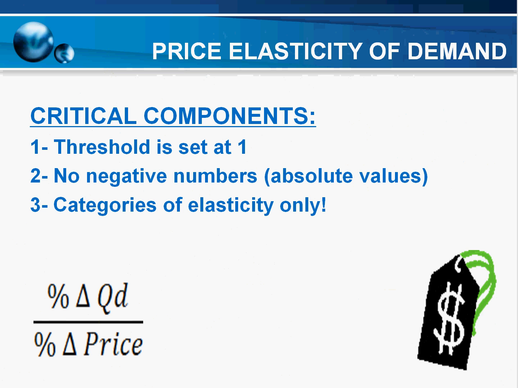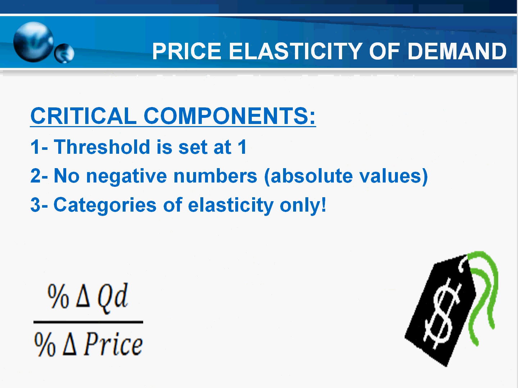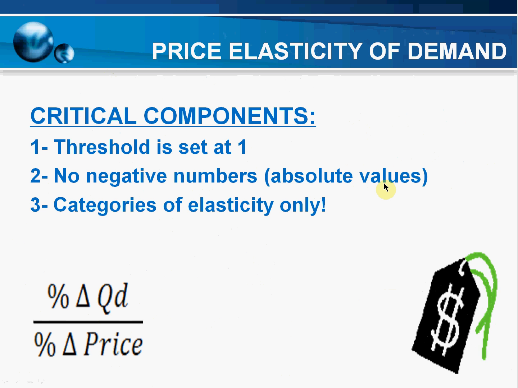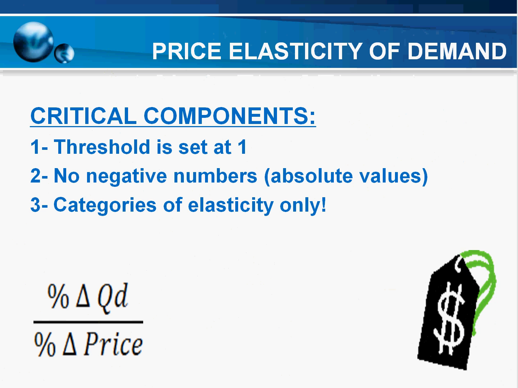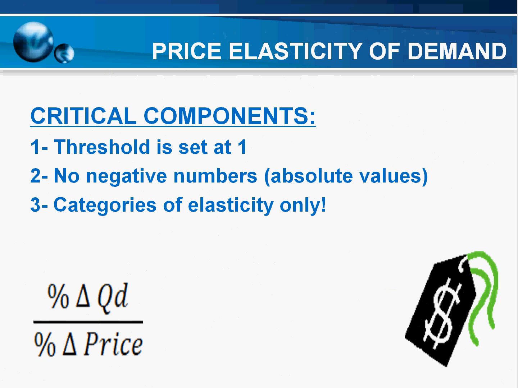Anything greater than 1 is categorically placed into this bin that we're calling elastic. Similarly, with inelastic, anything less than 1, but bounded by 0 because we take absolute values, is called inelastic. We do not concern ourselves with the degree of inelastic, or degree of elasticity within the inelastic category. While this is something economists look at, this is beyond the scope of this task.